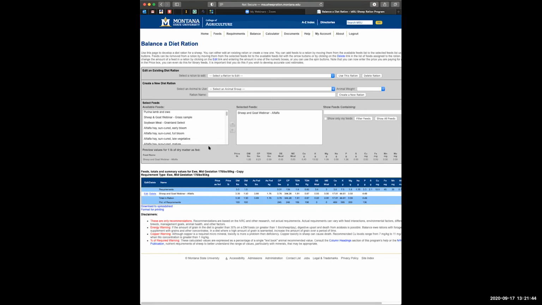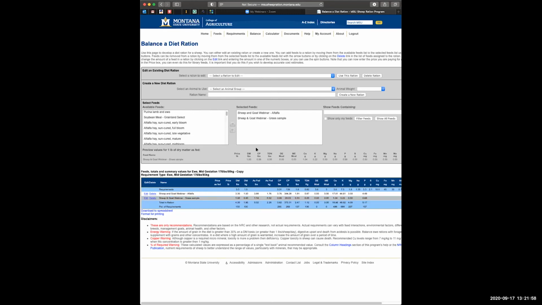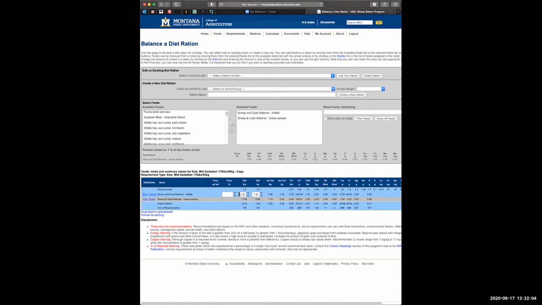So you can go back and say, okay, we know that we don't need this much protein and we're meeting the TDN requirements, but it might help to add a little bit of fiber like she mentioned. So now we can add this grass to our example, and then you want to edit these back down to where she's meeting her intake requirements.